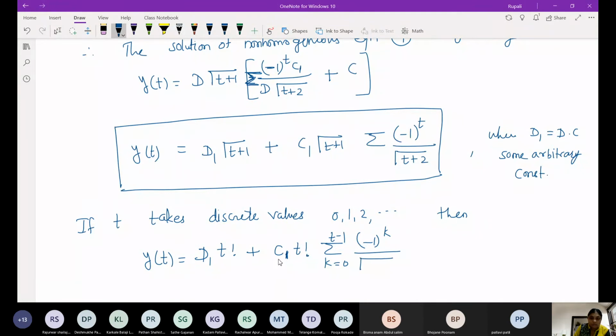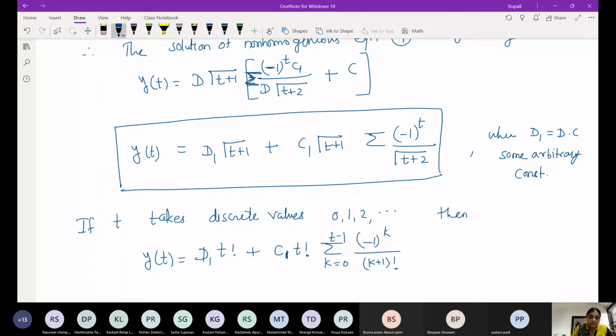or k plus 2. Instead of gamma you can write, because the values are discrete, k plus 1 factorial also. Is that okay?